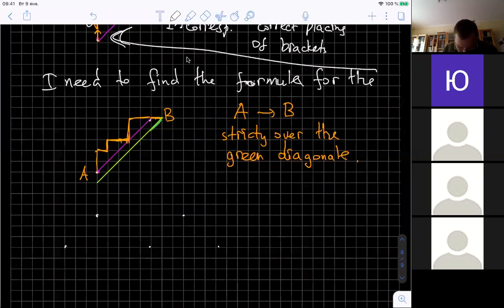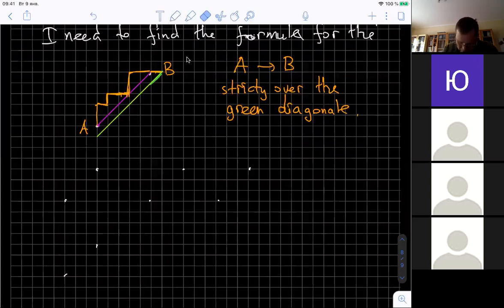So we have exactly 5 routes over the diagonal here.